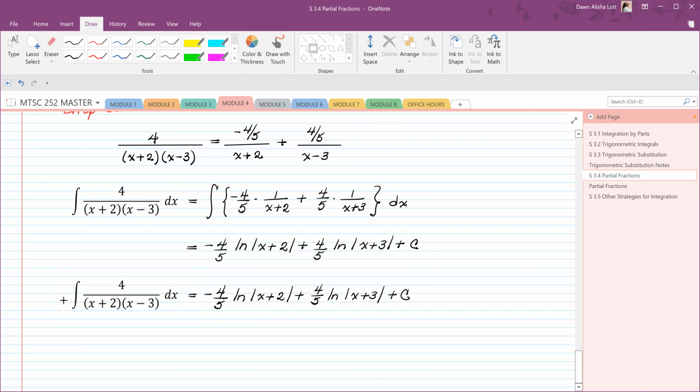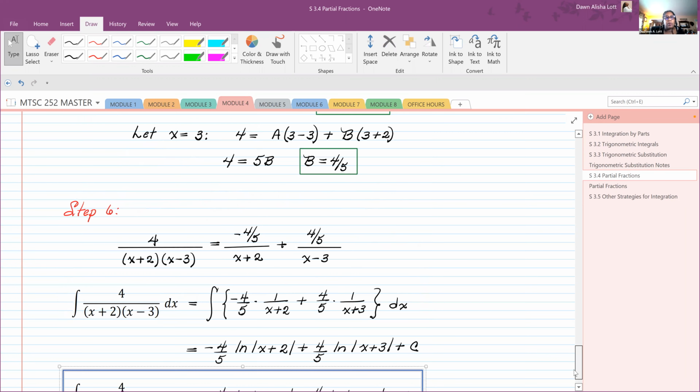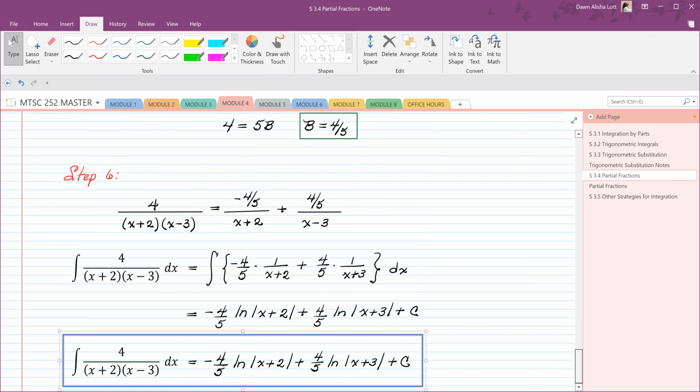Dr. Luck, I have a question. Yes. When we're integrating, wasn't it supposed to be 1 over x minus 3 or the positive? Which one was it? It was -3. Yeah, no problem.